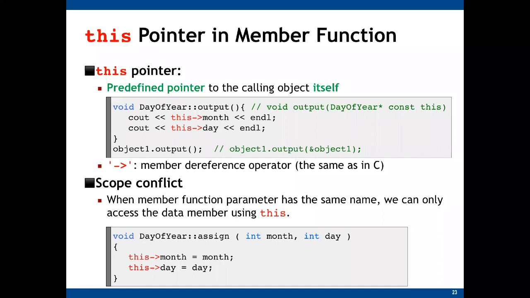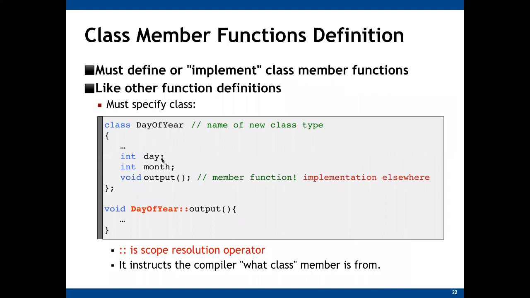And sometimes a member function itself wants to access the member variables of the object. So the day of year class has two member variables, month and day. As you can see here, this class has two member variables, day and month.